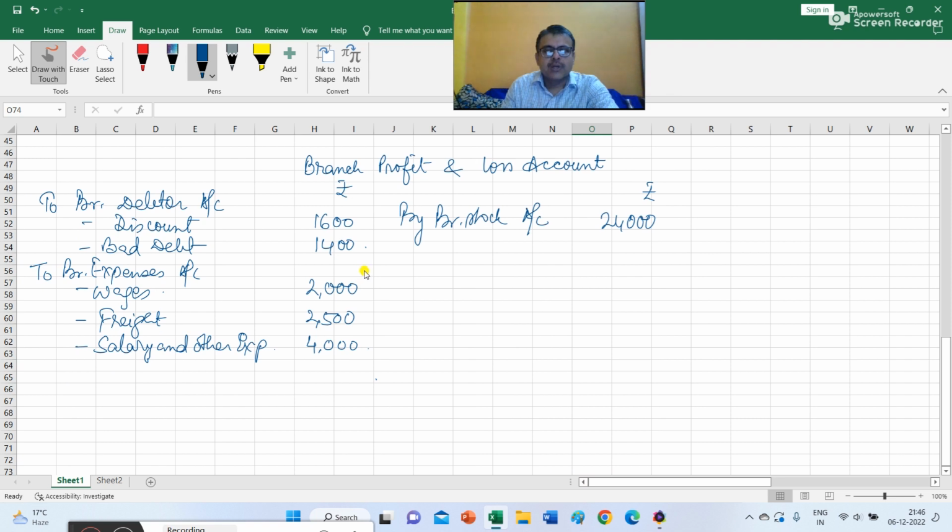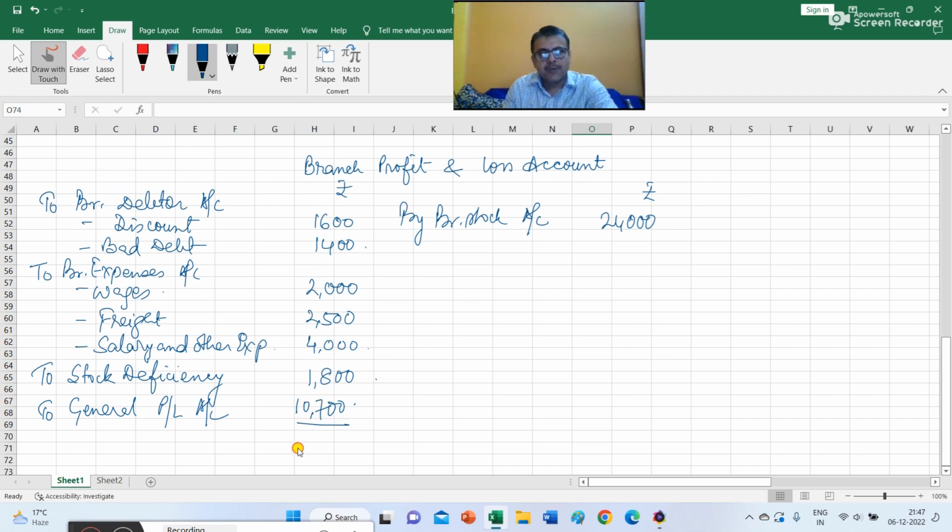So after transferring the gross profit from branch stock to branch profit and loss account, another figure that I have to transfer to branch profit and loss account is regarding the cost price of the stock deficiency. So in branch profit and loss account, I am writing here as to stock deficiency rupees 1,800, and the balancing figure represents the net profit that I have to transfer to general profit and loss account, and this figure is 10,700.